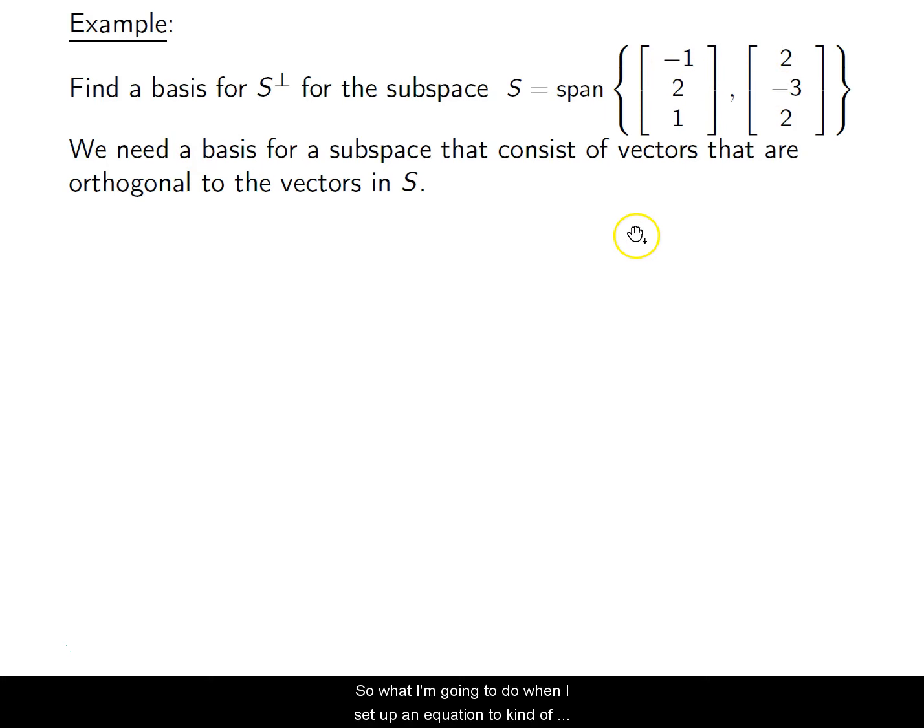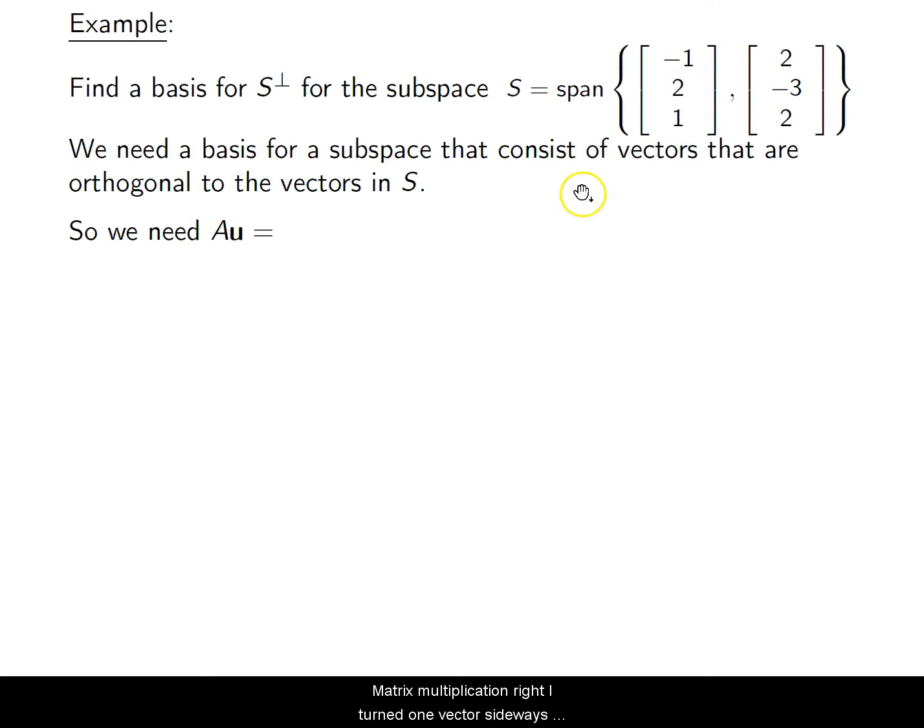So what I'm going to do is set up an equation to figure this out. I'm going to turn this into a matrix, multiply it times some unknown vector, and it needs to go to 0, right? Because remember, the dot product is really just matrix multiplication.